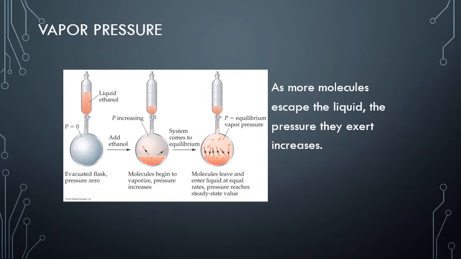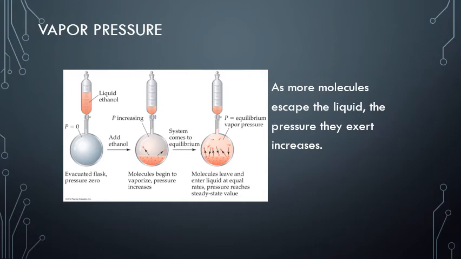So again, when we reach that equilibrium vapor pressure, that is what we would be looking at for the overall vapor pressure within the system. And then as more molecules escape into the gaseous phase, I'm going to have more particles making collisions, so that pressure would increase. We can relate this to our boiling point.